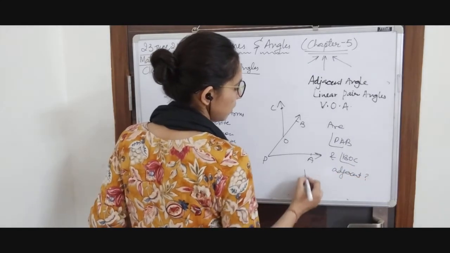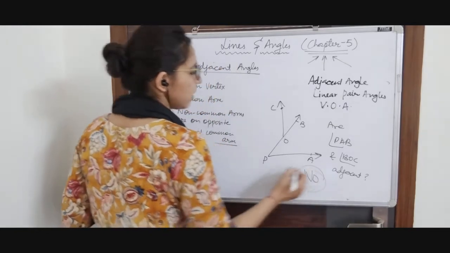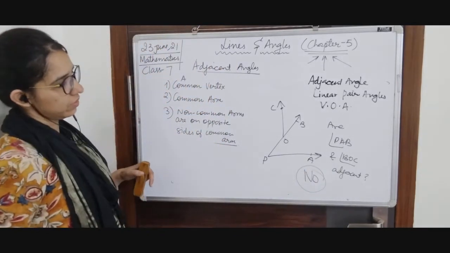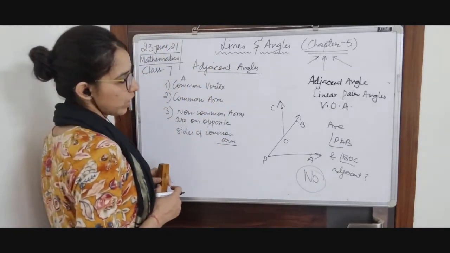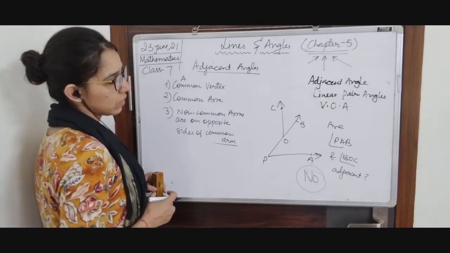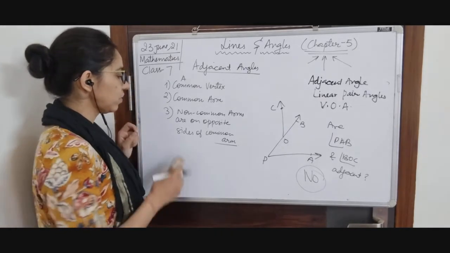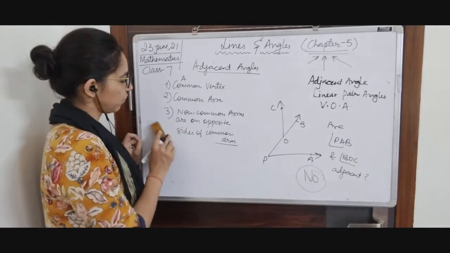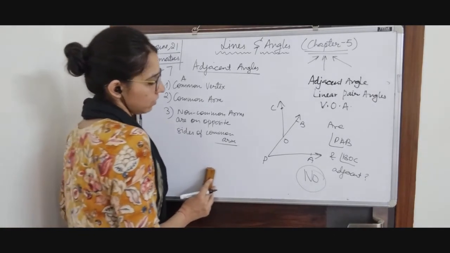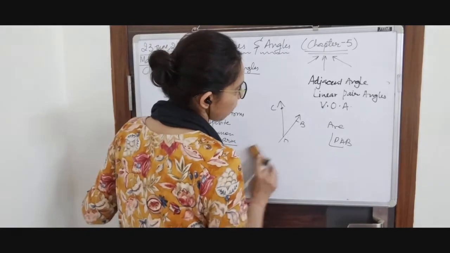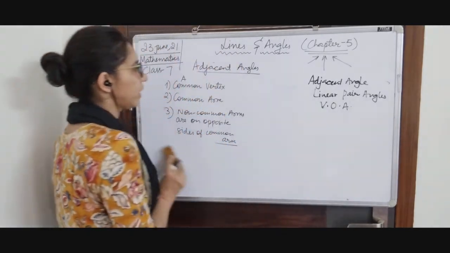The answer will be no. Why? They have no common vertex and no common arm. The third condition is satisfied, but with no common vertex and no common arm, they are not adjacent angles.